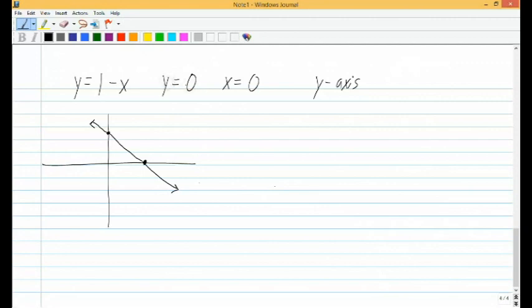And then y equals 0, you go right here where y equals 0, and you draw a horizontal line. x equals 0, you go right here where x equals 0, and you draw a vertical line. Alright, so I am revolving this region in here about the y-axis.